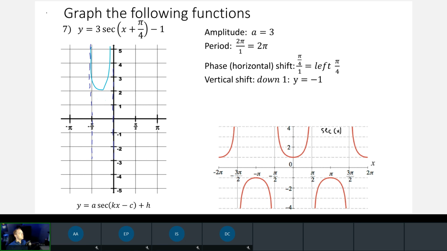So this is one reason why you want to graph your asymptotes first. I was trying to help you out by doing your asymptotes, and I put them in the wrong spot.